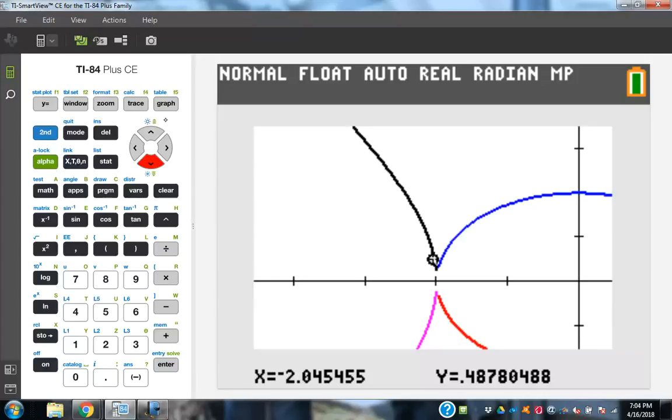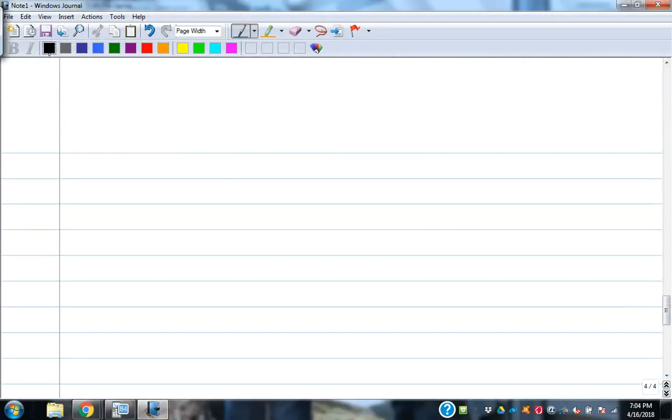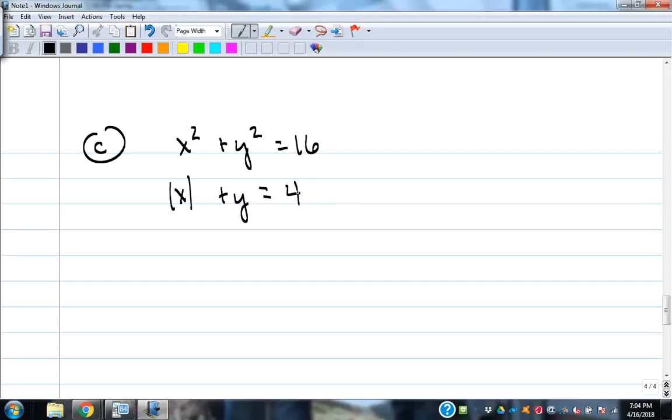Way to go. Let's look at one that I know will work because neither of them is absolute value, so it works out great. Let's see, x squared plus y squared equals 16. Absolute value of x plus y equals 4. All right.